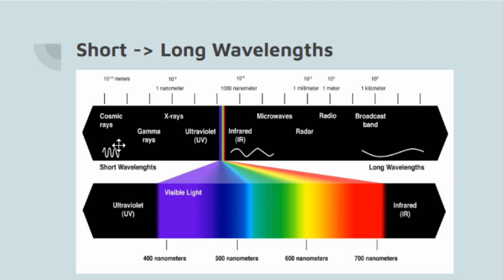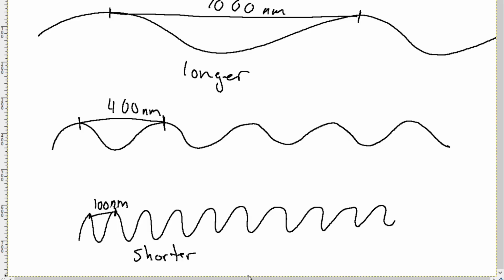I think the easiest way to remember that short wavelength stuff has high energy is if you imagine something traveling along this point here. Let's say this is like a little particle or something right here.